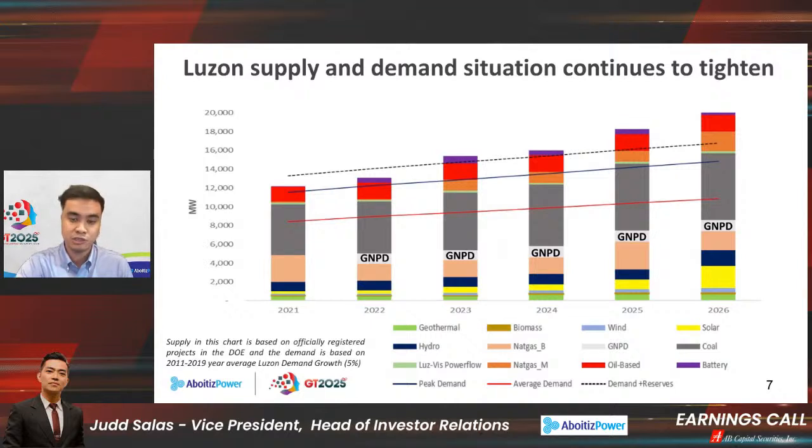This leads us to our key message for this slide, which is that the Luzon supply and demand situation continues to tighten. And we have been seeing this in the past few months, as there have been multiple NGCP alerts, both yellow and red alerts, for the Luzon grid.